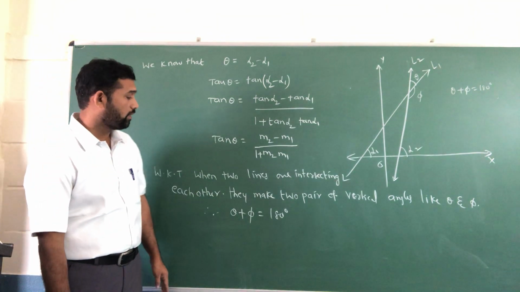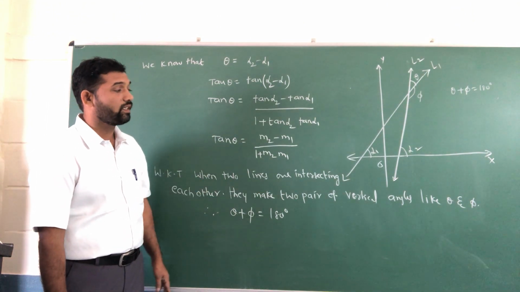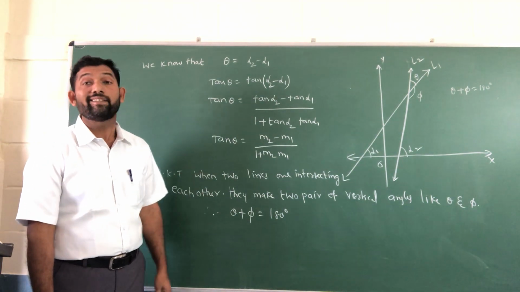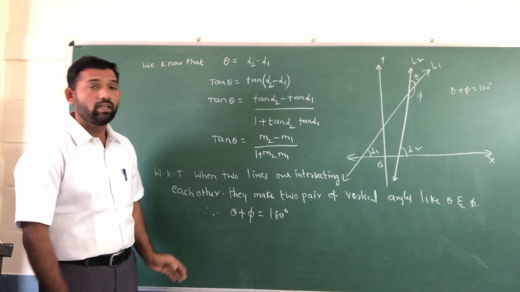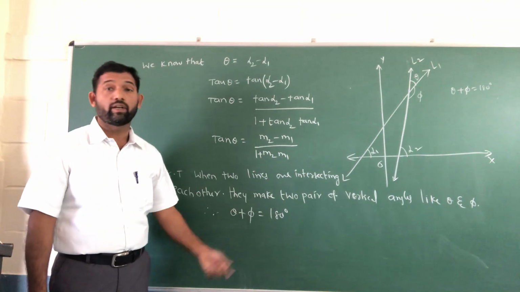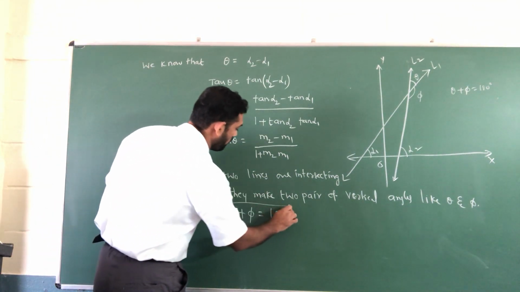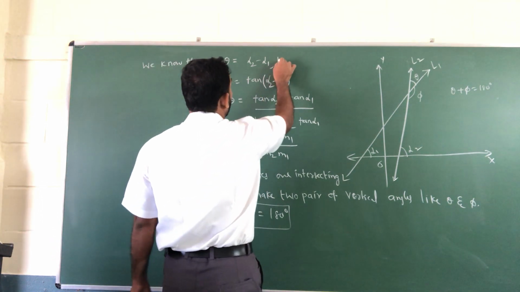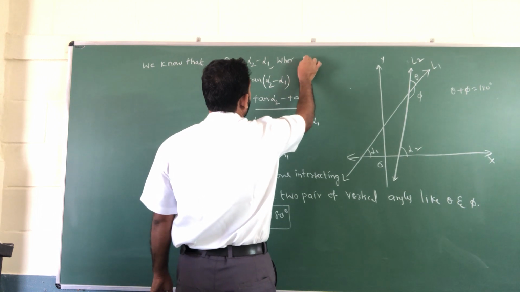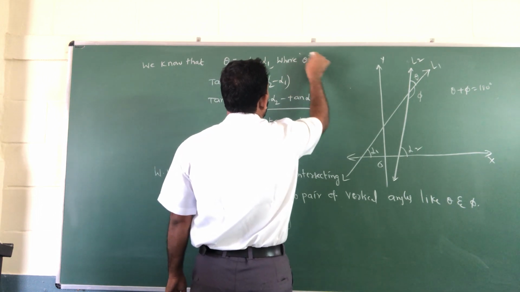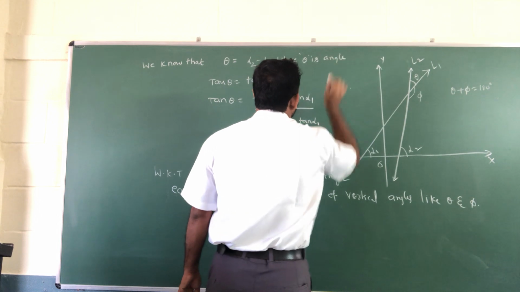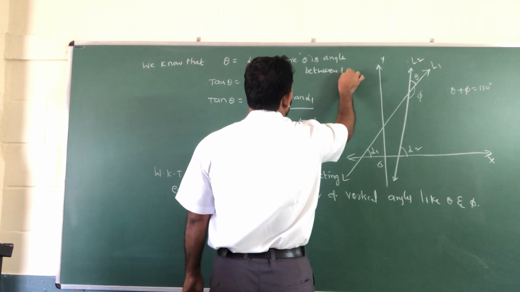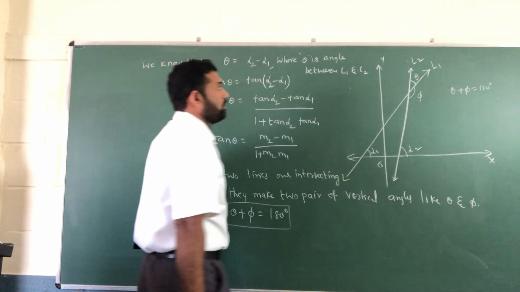So this is what theta means. They make two pair of vertical angles like theta and phi. These two are adjacent angles, and their sum is 180 degrees. Now the next point: theta is the angle between L1 and L2.